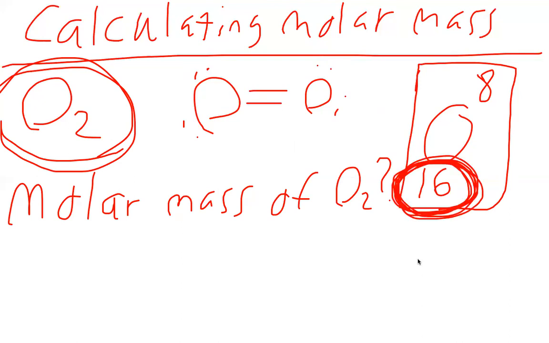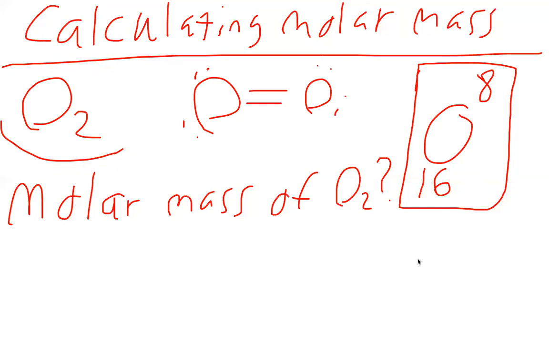16. Okay, good. So we've got two of them, and they have a molar mass of 16. So then what's the mass of the two of them combined? We've got a molar mass of 16 grams per mole, and we're going to multiply that whole thing times 2.